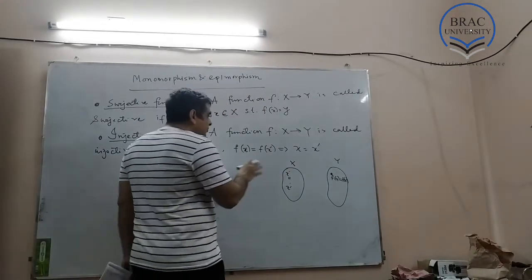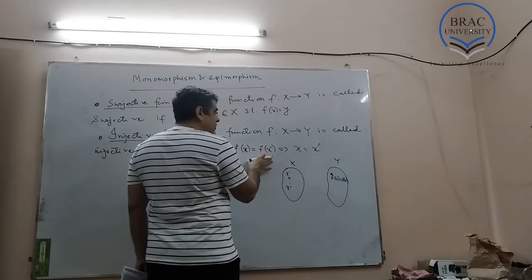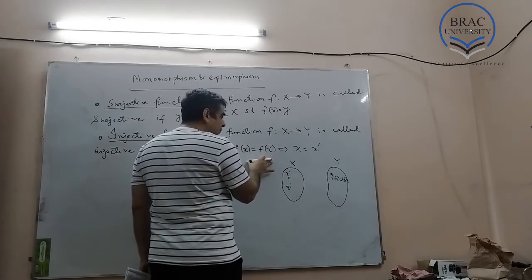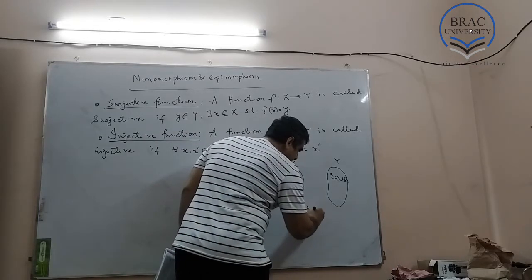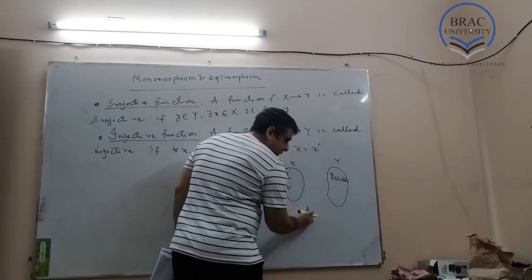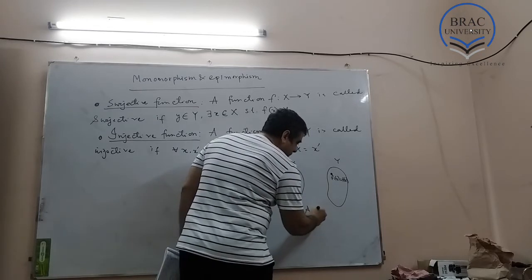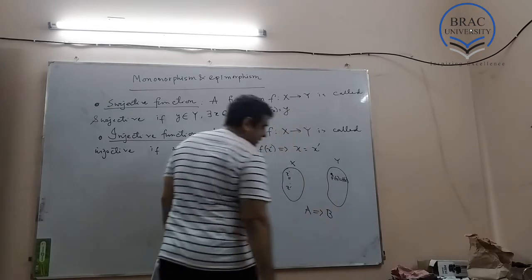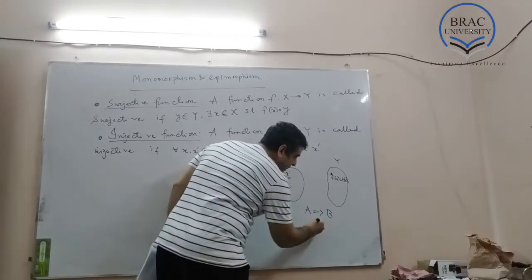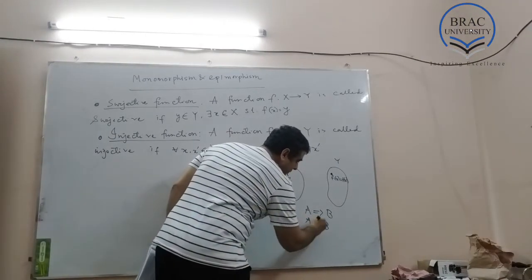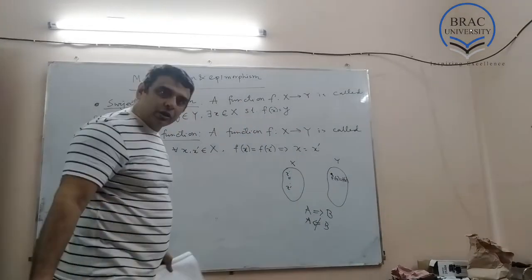So there is something important here to understand. In mathematical logic, if there is a statement A, and if the statement A implies the statement B, then it is not always true that B will imply A, right? It is not always true.